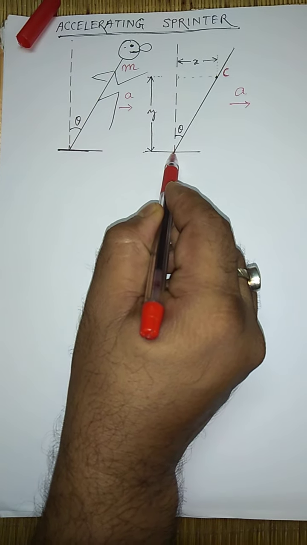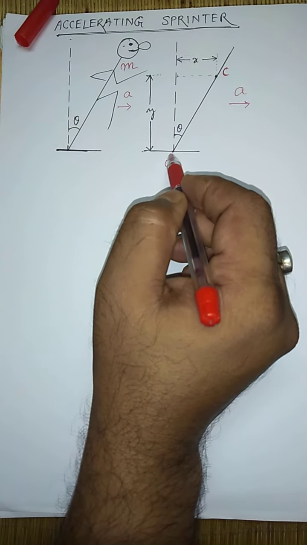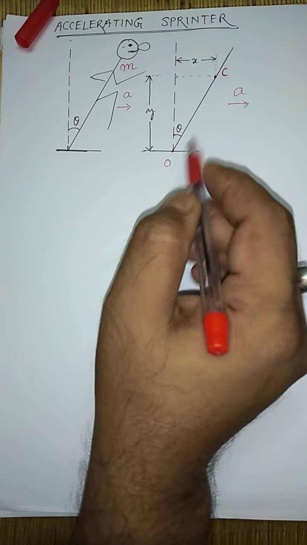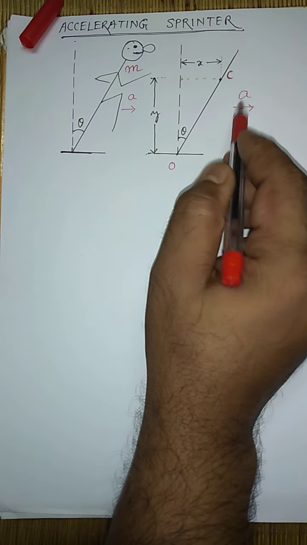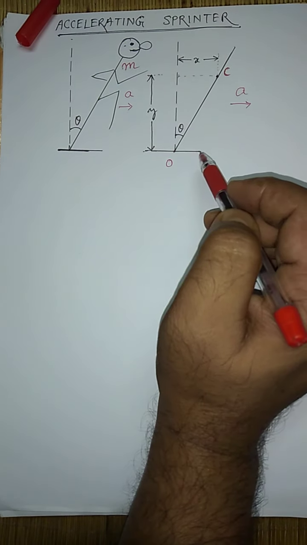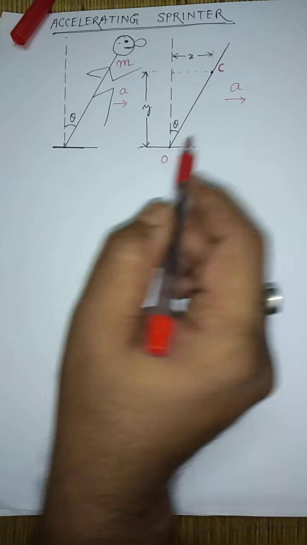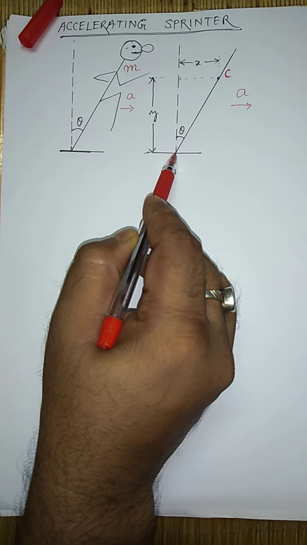Let us consider that the point of contact between the grounded foot of the sprinter and the ground is a non-inertial frame of reference having a horizontal acceleration of magnitude a directed to the right, and the sprinter is stationary relative to this non-inertial frame of reference.